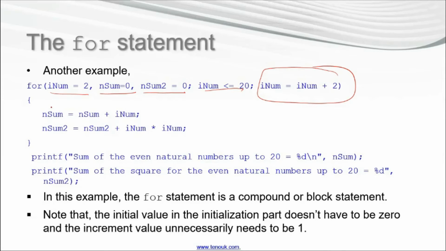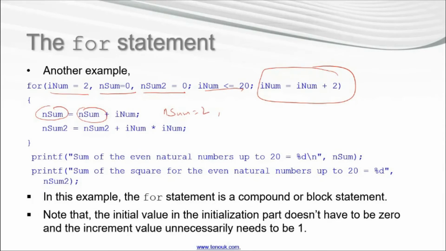Then what we do is with nsum. The nsum is initially 0, then nsum is added with inum. Initially inum is 2. In the first loop inum equal to 2, then inum is added to nsum, so nsum equal to 2.